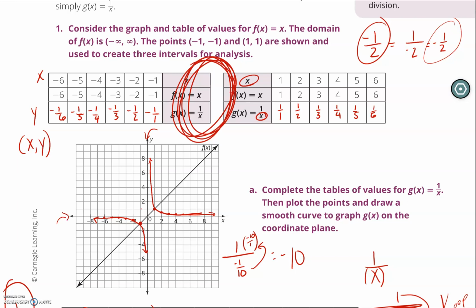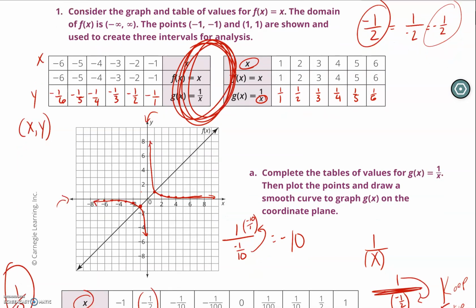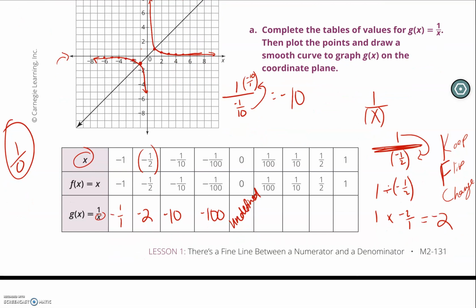It is 0. And notice that these graphs don't touch those values because rational functions are undefined when the denominator is 0. It's not always going to be the axis, so don't just take that as how it's always going to be. So just make that clear right away. It's going to be whenever the denominator is 0.